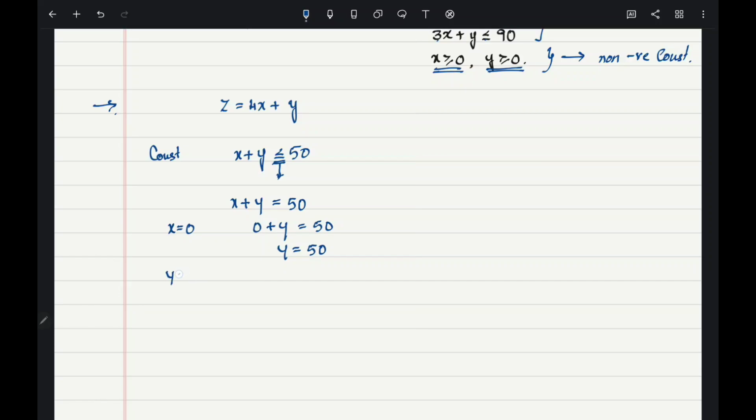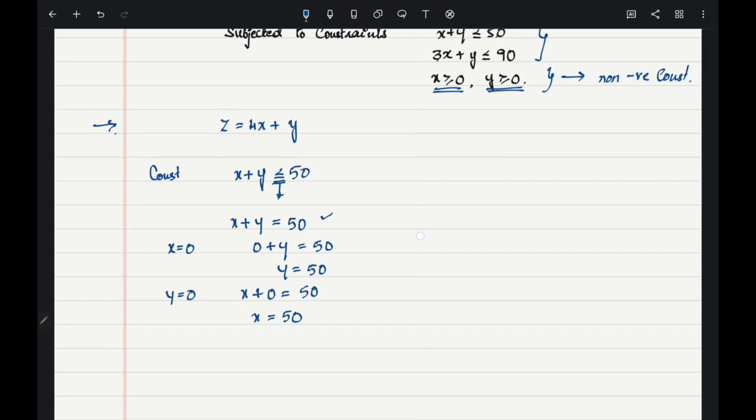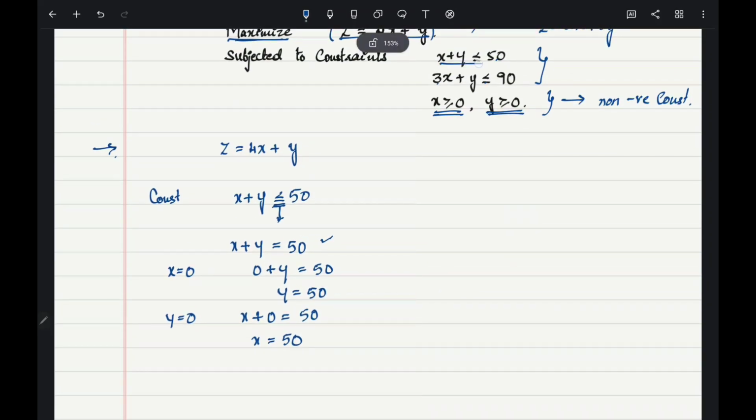Now I am giving y is equal to 0. What will you get? x plus 0 is equal to 50 in this equation, so x is equal to 50. You might have already learned how to plot a graph. So you have to plot the graph for both the constraint lines, x plus y is less than or equal to 50 and 3x plus y is less than or equal to 90.